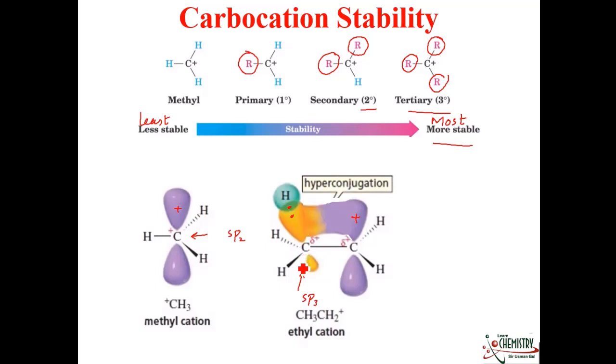Because of this hyperconjugation, the positive charge on the carbocation is delocalized, and when it is delocalized, it makes the carbocation the most stable one. When it is more stable, it will exist more. So that is the reason the methyl carbocations are least stable and the tertiary carbocations are the most stable. Thank you.